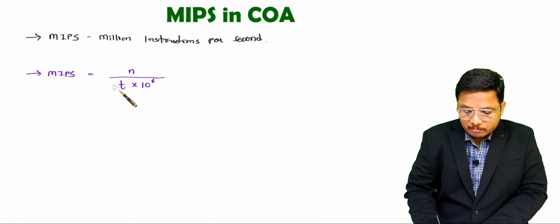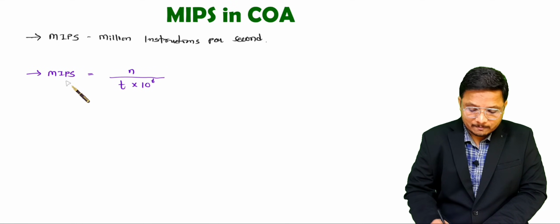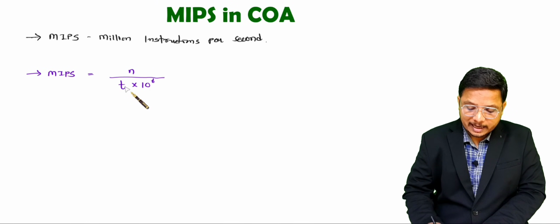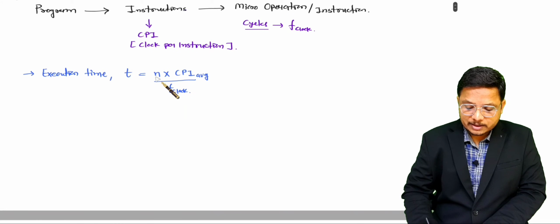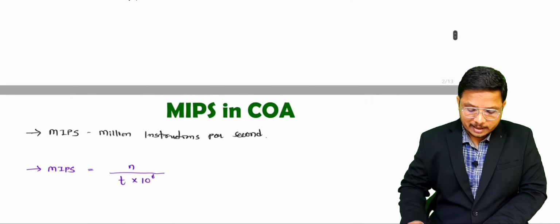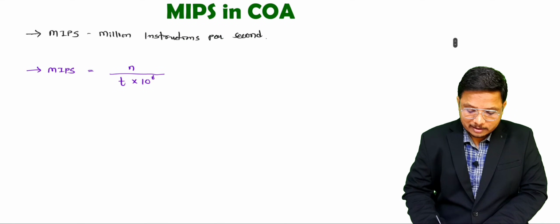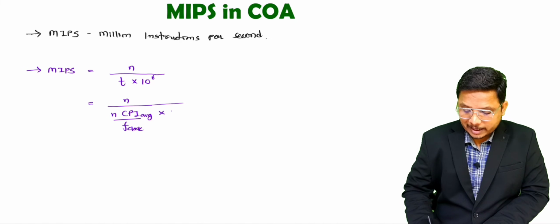Now if you want a more detailed calculation, T is the execution time, and I have already explained how to calculate execution time: number of instructions into average CPI divided by clock frequency, right? If you place that over here, you get a more detailed calculation, divided by 10 to the power 6.